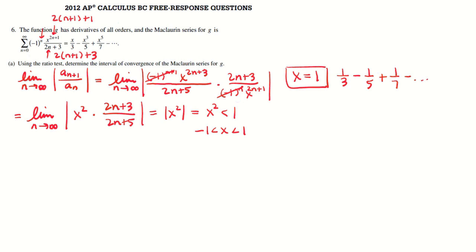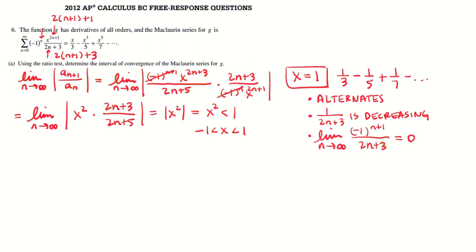The next one is negative 1/9, then positive 1/11, and I see the pattern. This is an alternating series whose terms are decreasing and eventually going towards 0, so it converges by the alternating series test. I'll conclude that the series converges at x equals 1.